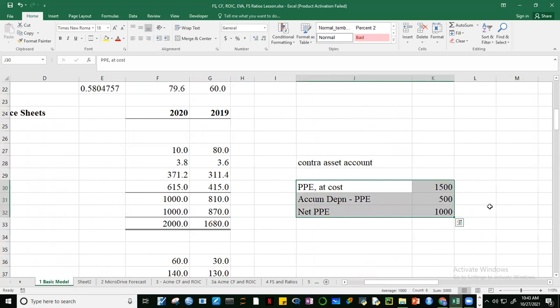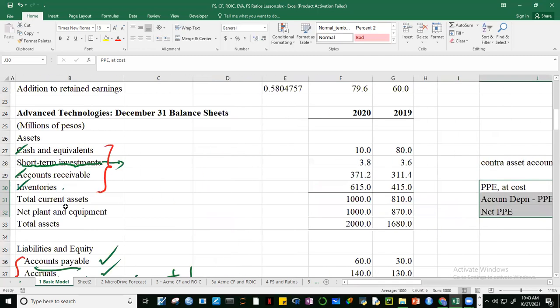We have to know how much was the acquisition cost of the property, plant, and equipment. Usually nakalump yan, guys, because there are usually several types: machine 1, machine 2, land, building. That will appear in the notes. You will not find it in the balance sheet because that will make the balance sheet very, very long.